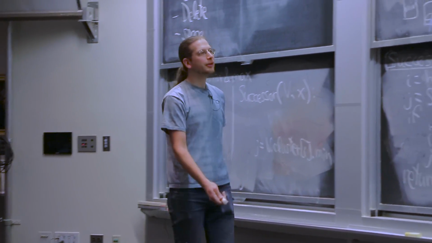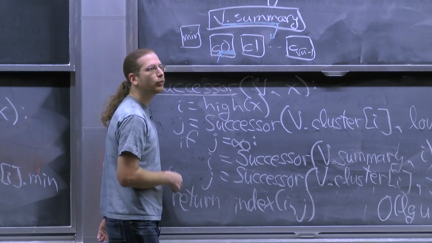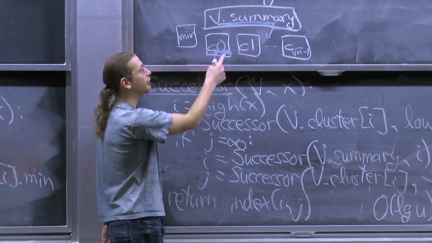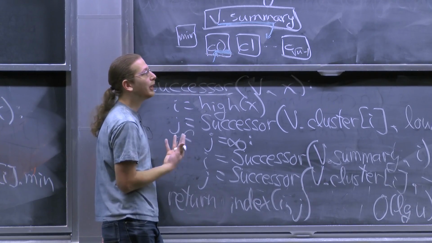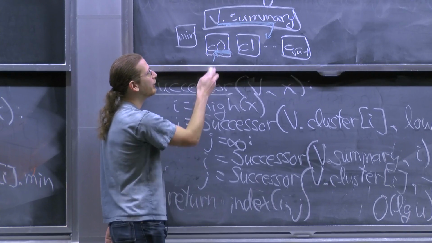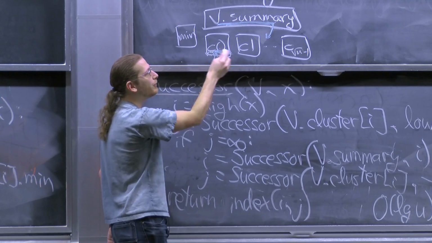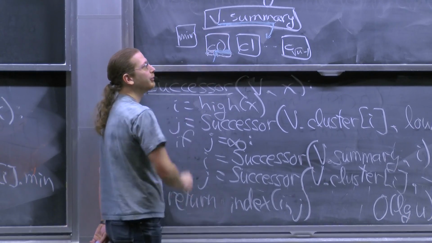And what's going on here is I won't find an answer if I'm greater than or equal to the maximum within this cluster. That's how I tell. If I'm equal to the max, or if I'm beyond the max, if all the items are over here, the max will be to my left. And then I know I will fail within the cluster, so I might as well just go up to summary and do it there.